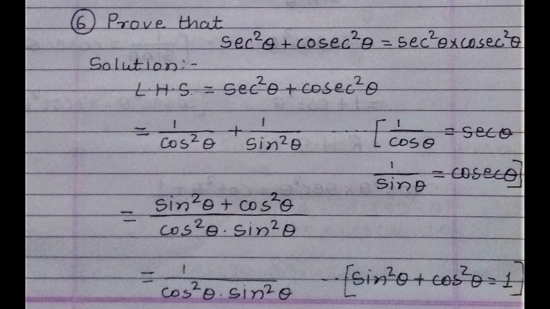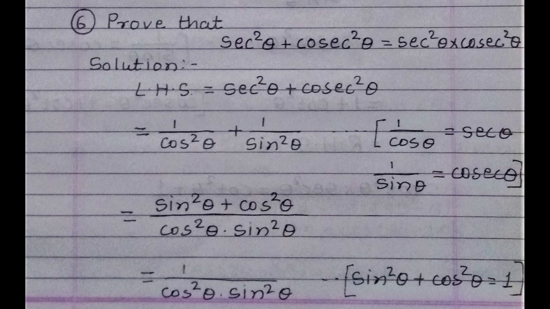See, these are the reciprocals of cos theta and sin theta. So LHS is equal to sec square theta is 1 upon cos square theta plus cosec square theta means 1 upon sin square theta. Again cross multiply. So you get sin square theta plus cos square theta upon cos square theta into sin square theta.